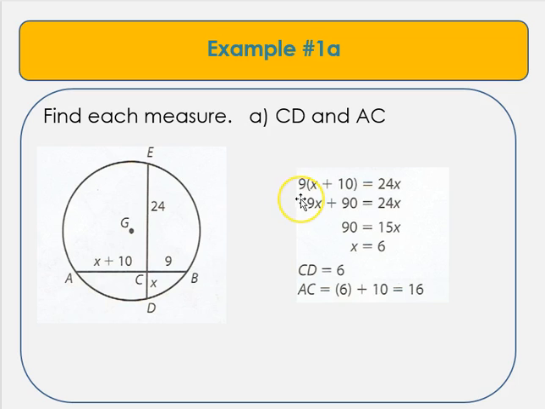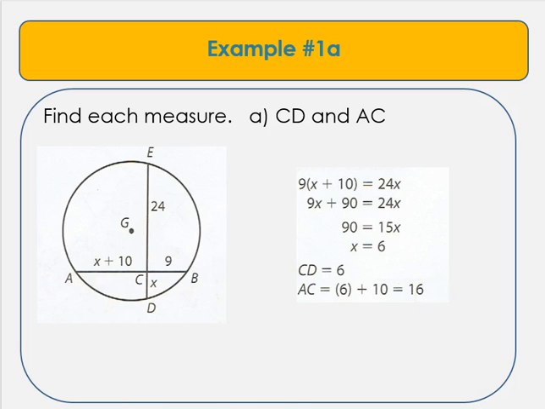We use our distributive property, and 9 times x is 9x, 9 times 10 is 90, and now we will subtract 9x from both sides, and we'll end up with 90 equals 15x, and x equals 6. So for CD, x equals 6, and now if we place the 6 into the x for AC, AC will equal 6 plus 10, which is 16.